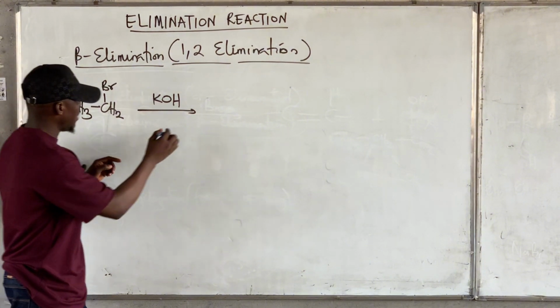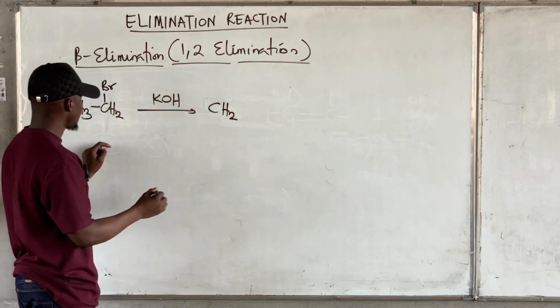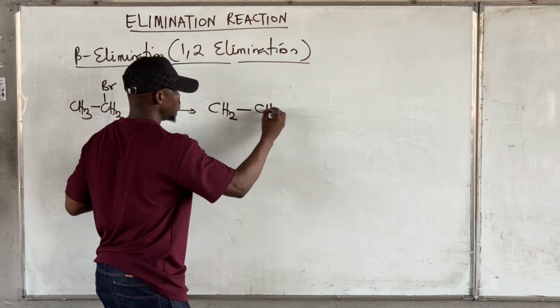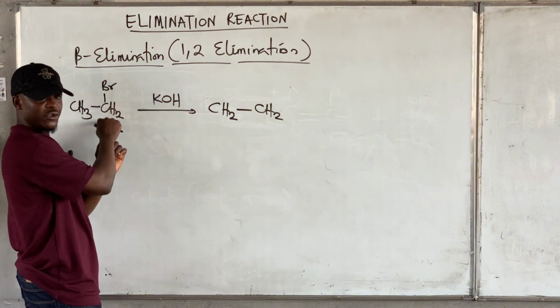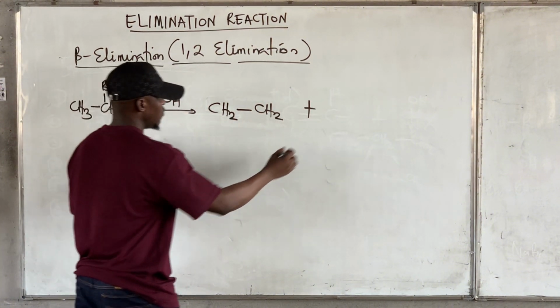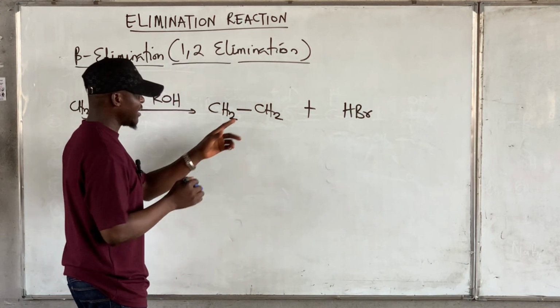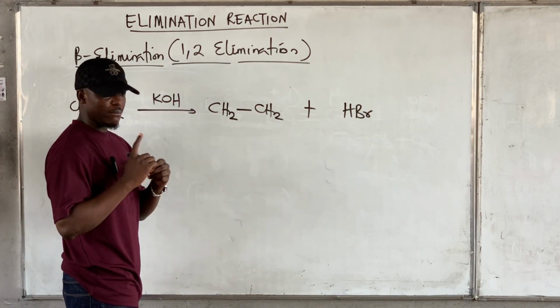So if I remove H from here, this becomes CH2. Removing Br from here, what remains is CH2, plus the H that came out will pick up the Br. Now we need to add a double bond because this carbon is short of one bond each, right?